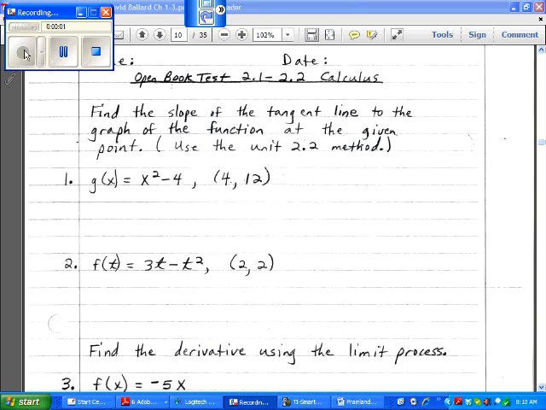Okay, we're going over the open book test for 2.122 of calculus, and what we've done is introduced the idea of a derivative. Now, the derivative of a function gives us the equation for the slope of the tangent line at any given point.